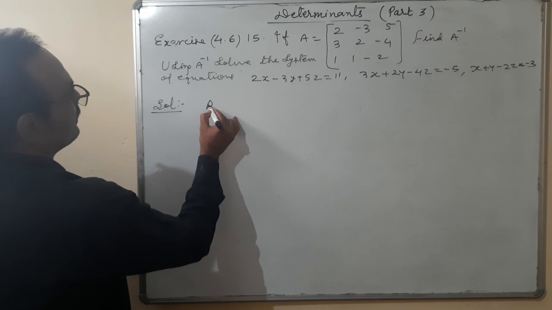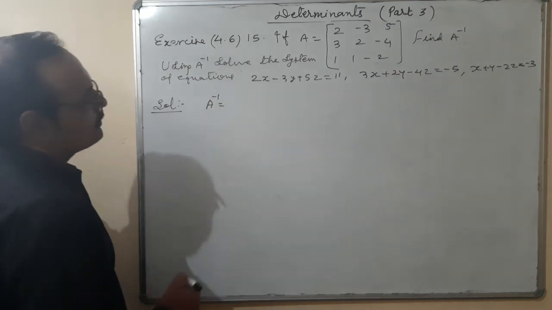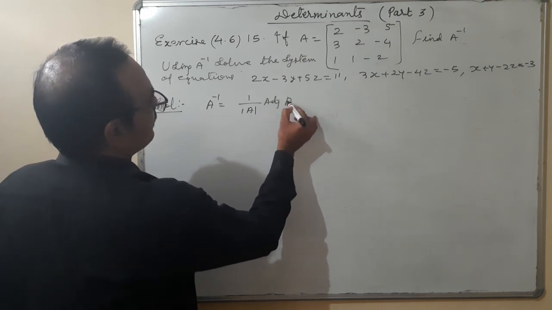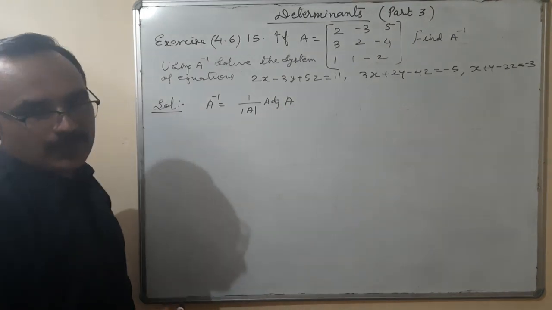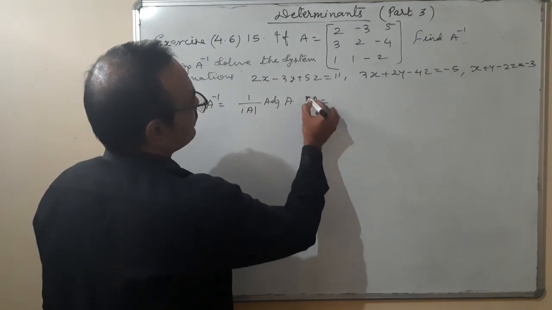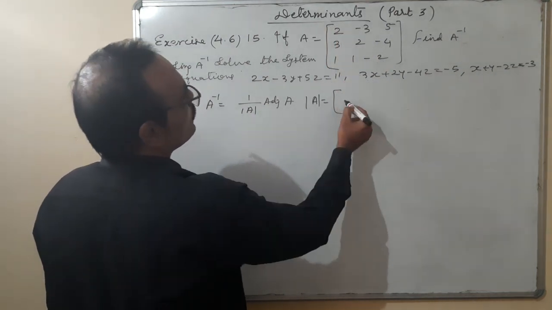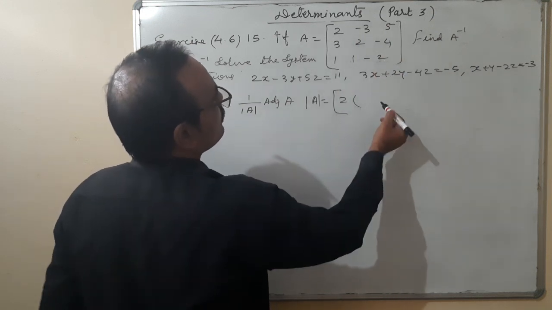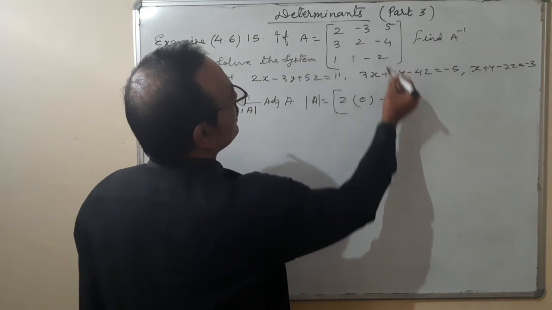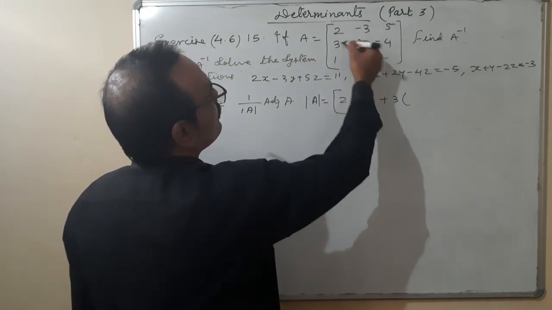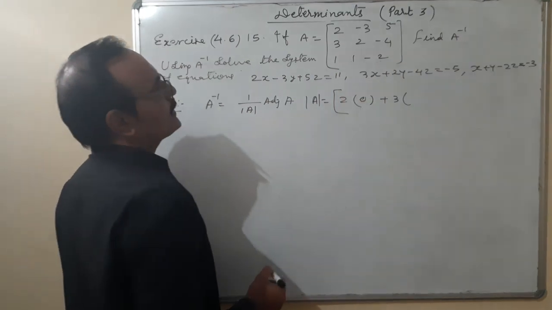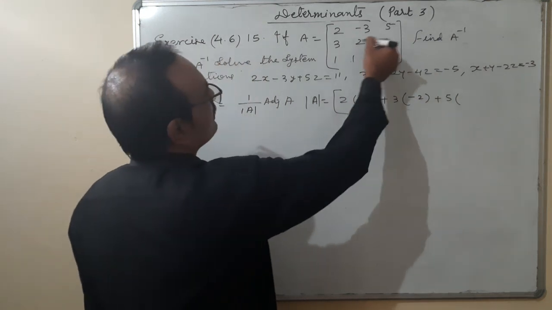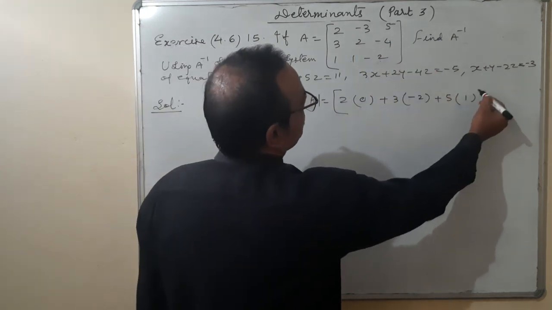A inverse is equal to 1 upon determinant value of A into adjoint of A. Okay. Now we are finding the determinant value of A first. 2, leaving this column and row, minus 4 and plus 4, 0 plus 3, leaving this column and row, minus 6 and plus 4, minus 2, plus 5, 3 minus 2, 1.